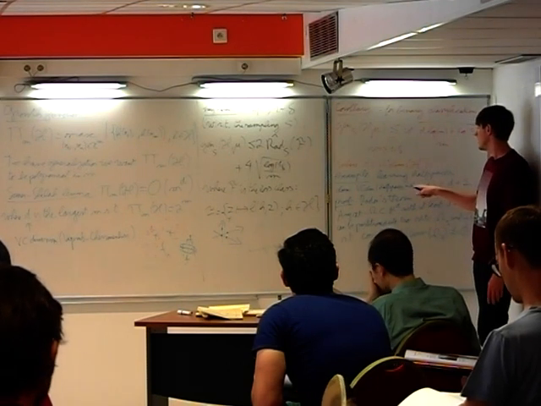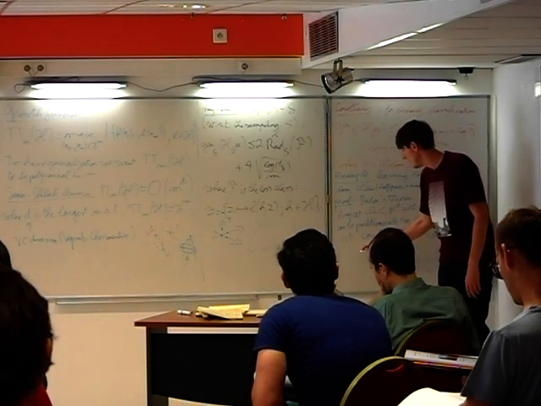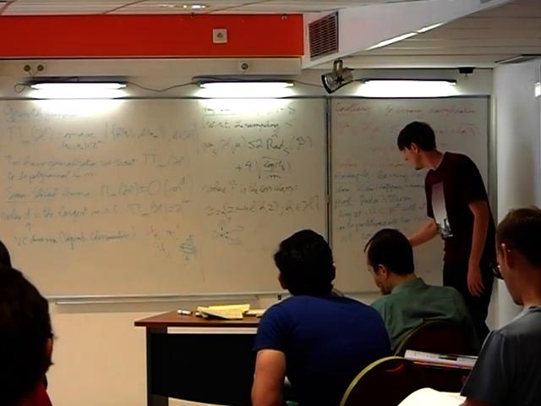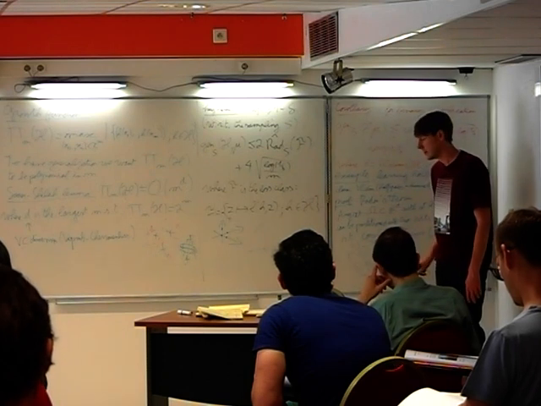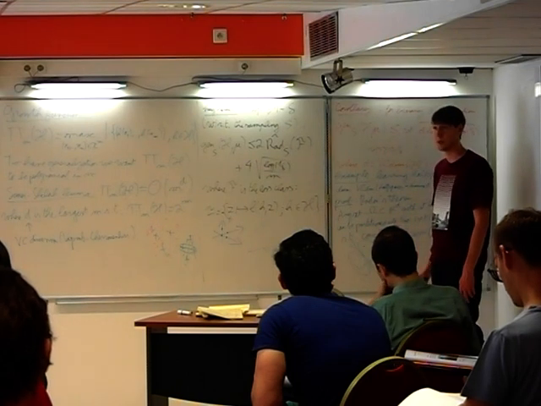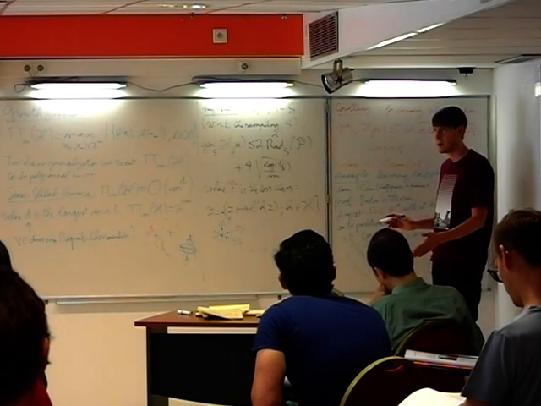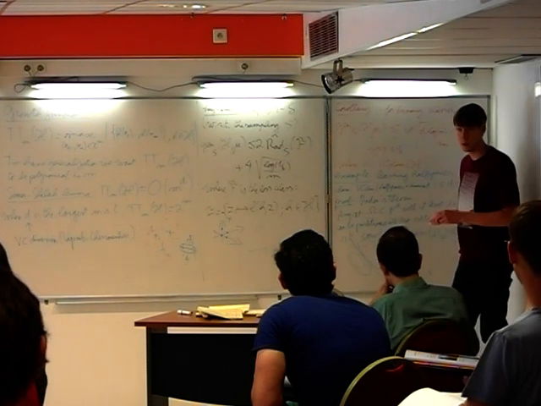If I can shatter a set of points, so if I can say +1 here and -1 here, it means that the convex hulls don't intersect because I have a line going between them. So I cannot shatter d plus 2 points. I can shatter at most d plus 1 points.